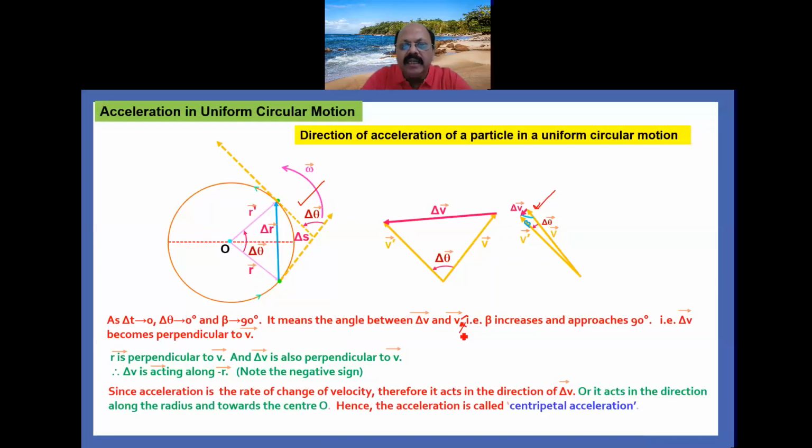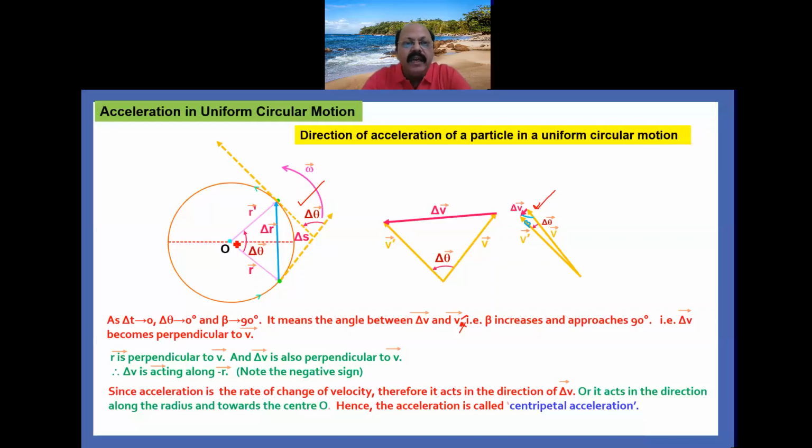Since acceleration is the rate of change of velocity, it acts in the direction of delta v vector, that is, in the direction along the radius and towards the center. Hence, this acceleration is called centripetal acceleration.